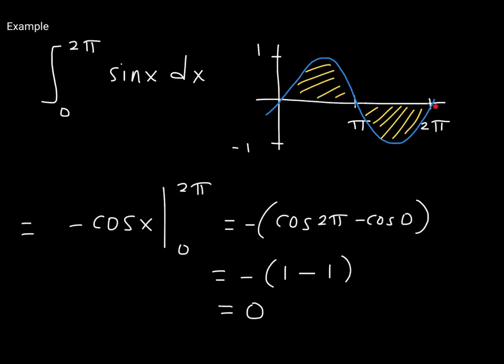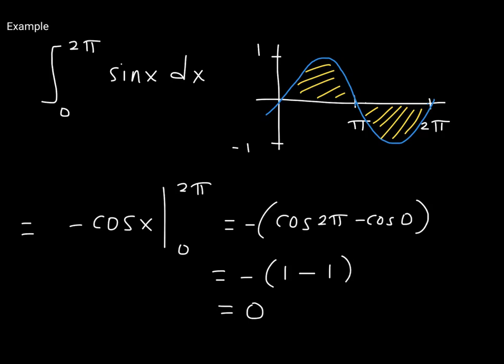Instead of from 0 to 2 pi, we're going to break it up into two subintervals. We're going to evaluate the integral from 0 to pi, and then from pi to 2 pi. From pi to 2 pi, this part is non-positive. It's not positive. So we're going to take the absolute value of that part.